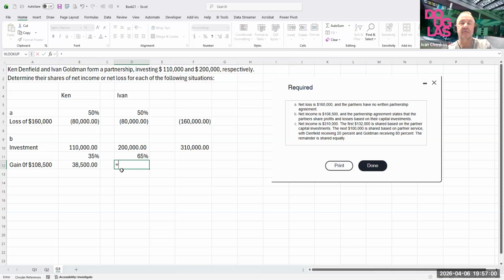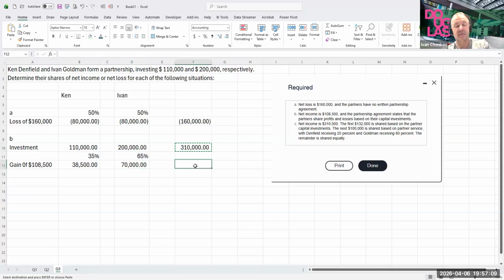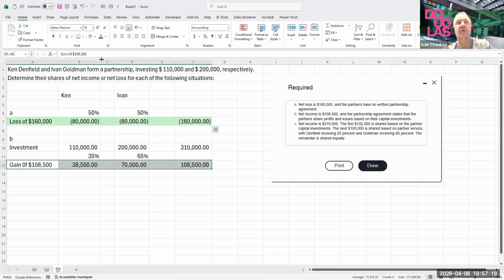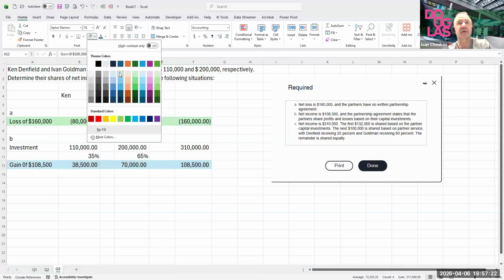Ivan's going to get the rest, 108,500 times 65%. Total, they're going to get exactly 108,500. So the loss of 160 will be divided this way. The gain of 108 is going to be divided this way.